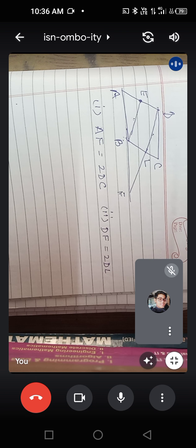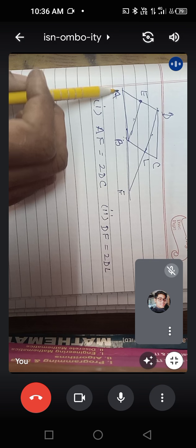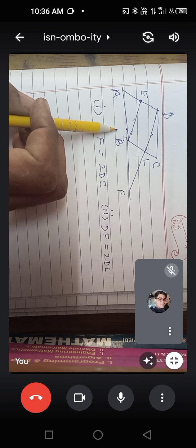So I repeat the question in the figure. ABCD is a parallelogram. E is the midpoint of AD. A line through D drawn parallel to EB meets AB produced at F and BC at L. Prove that 1, AF is equal to 2 times DC, and DF is equal to 2 times DL. So what is AF here? This is A and this is F. AF is equal to 2 times DC.